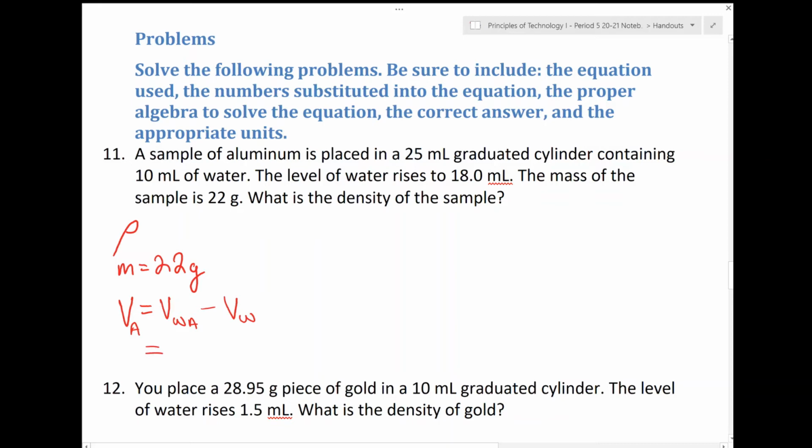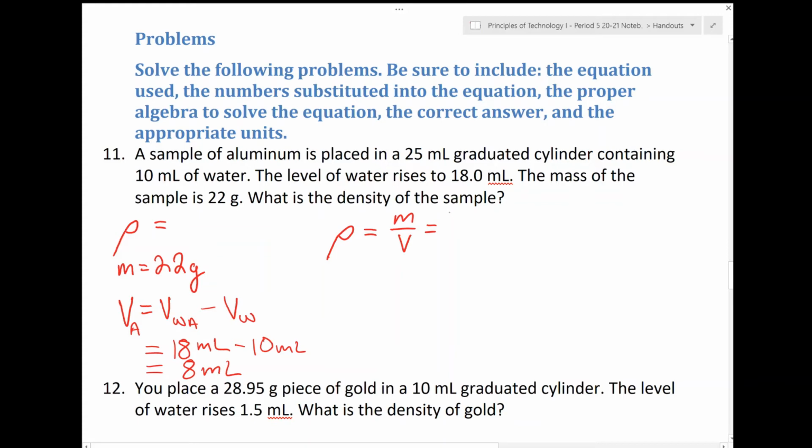So for the water and the aluminum, the volume is 18 milliliters. For just the water, it's 10 milliliters. So the volume of the aluminum becomes 8 milliliters. So to find the density, density is equal to mass divided by volume.